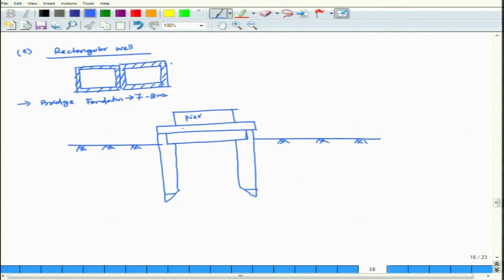This is your RCC slab. This is your cement concrete. And this is called the well cap.